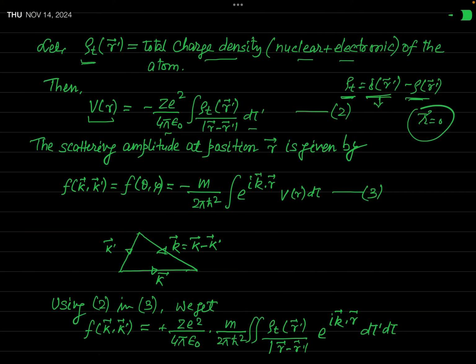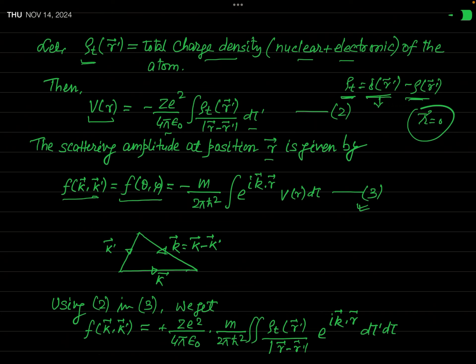You have seen that the scattering amplitude in accordance with the Born approximation is given by the expression defined in equation 3. If you denote the scattering amplitude at point R by the symbol f of k comma k dash, here k is the wave vector for the incident wave, or incident particle, and k dash is the wave vector of the scattered beam of particles, here a scattered beam of electrons.